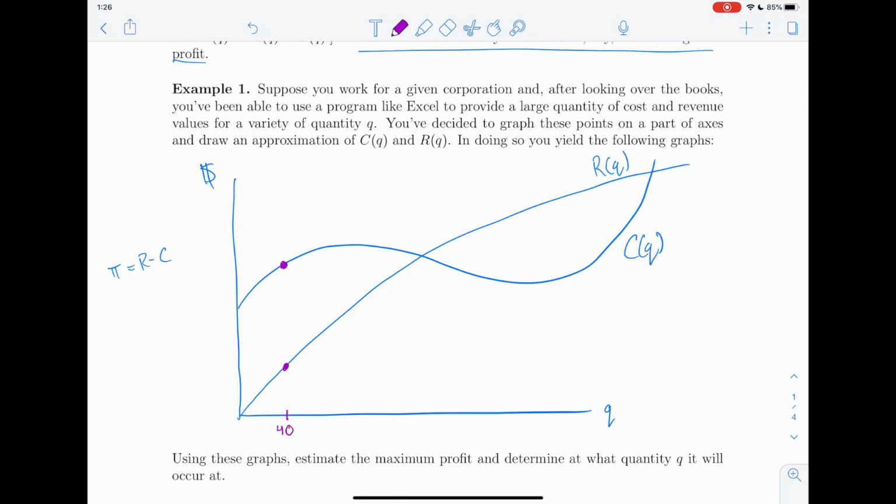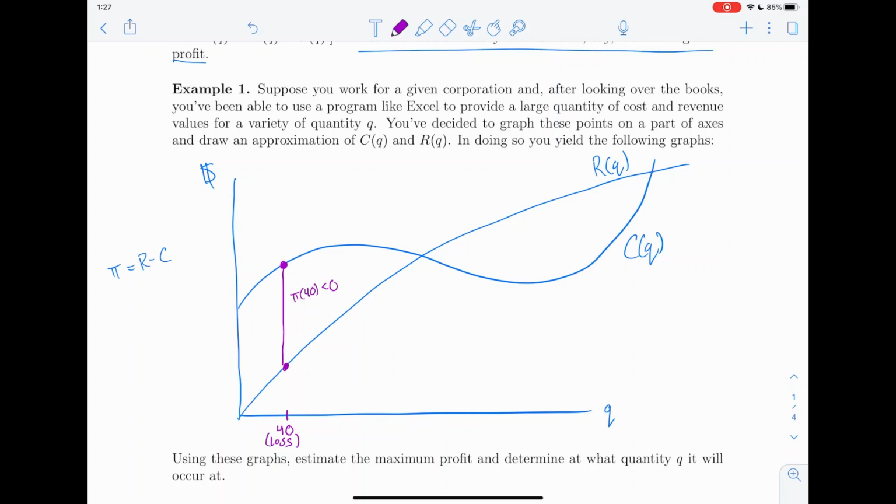And so, if my profit function is revenue minus cost, then at 40 units, my cost is so much higher than my revenue, so my profit will end up being a negative number. So this distance ends up producing a negative number for the profit, and so here the profit after making 40 units is actually negative. So this is producing a loss for the company.